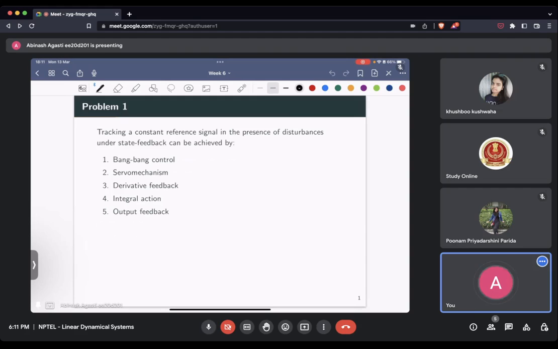Yeah. So tracking a constant reference signal in the presence of disturbances under state feedback can be achieved by which of these? Any guesses for this solution? If there are any guesses, please type your answers in the chat box.